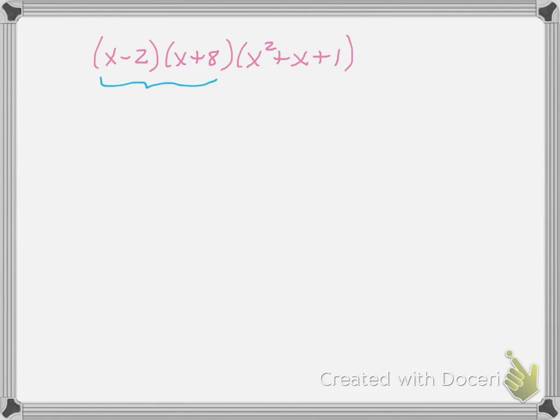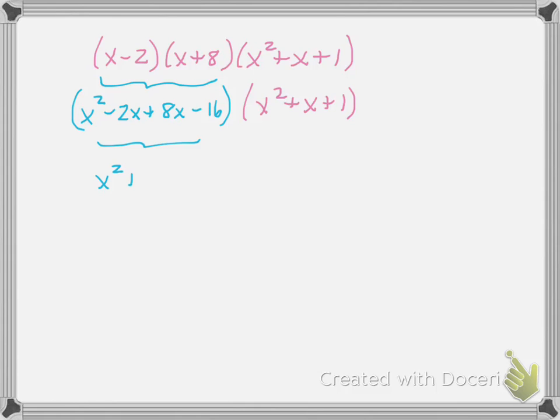So when we expand that, when we distribute, we get x squared minus 2x plus 8x minus 16. Now the whole time, don't forget this x squared plus x plus 1 hasn't gone anywhere. Now let's clean this up a little bit. That really is x squared plus 6x minus 16.